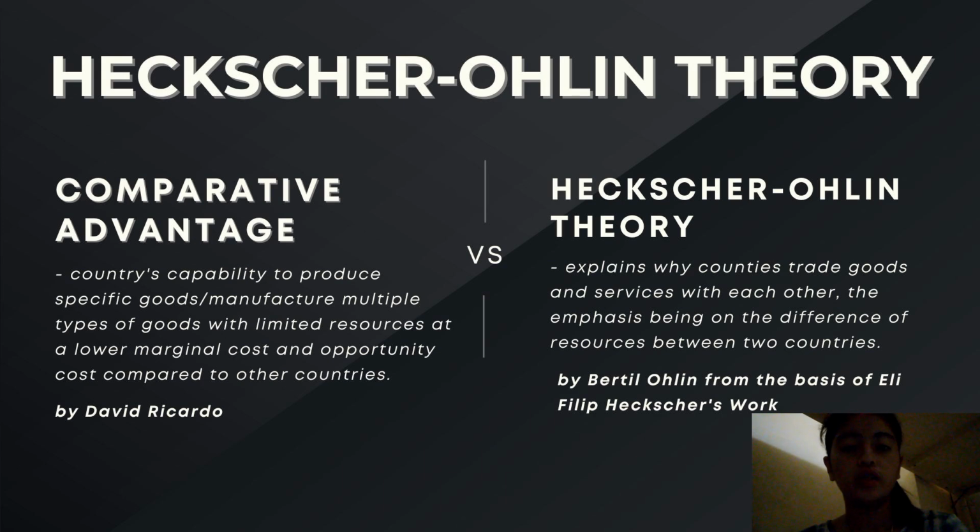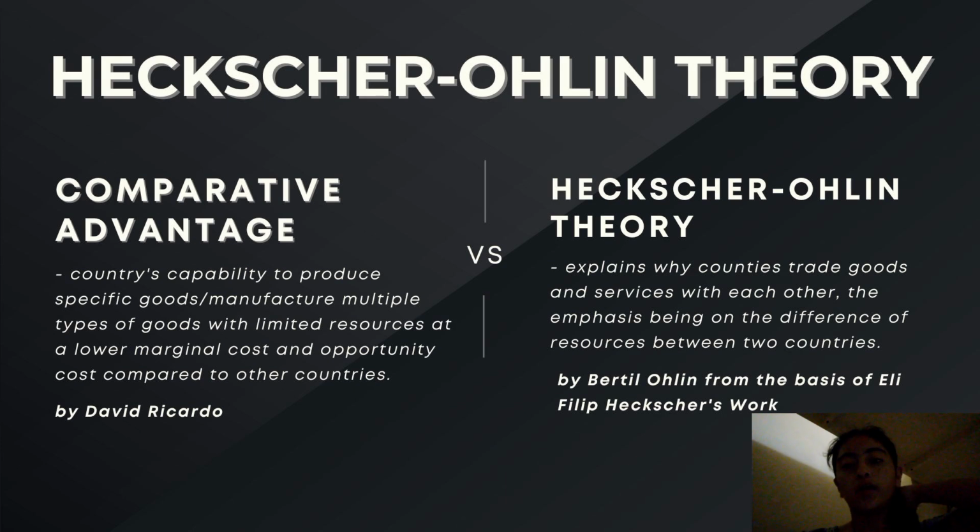By David Ricardo's definition, comparative advantage is a country's capability to produce specific goods or manufacture multiple types of goods with limited resources at a lower marginal cost and opportunity cost compared to other countries, while Heckscher-Ohlin theory explains why countries trade goods and services with each other, the emphasis being on the difference of resources between two countries. This definition is stated by Heckscher-Ohlin from the basis of Eli Philip Heckscher's work, which is his teacher.